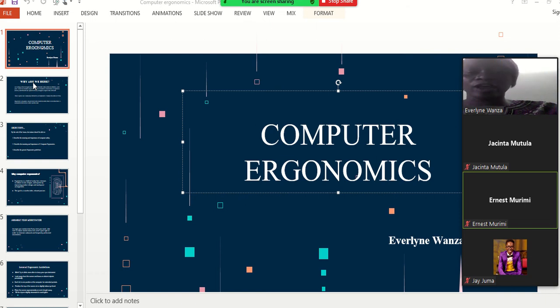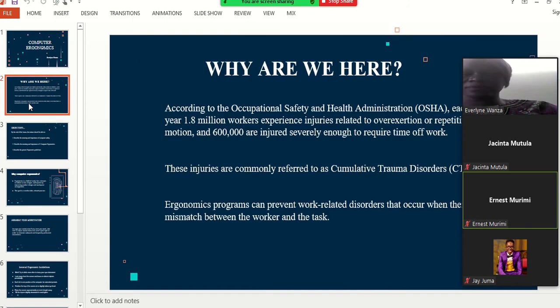Don't sign for everyone. Now, we might want to ask ourselves, why talk about computer ergonomics? We realize that according to the Occupational Safety and Health Administration, 1.8 million workers experience injuries related to over-exertion of repetitive motion, and 600,000 are injured severely enough to require time off work.